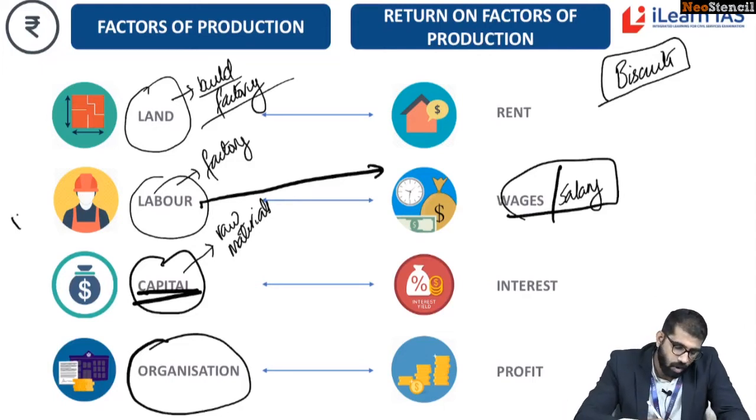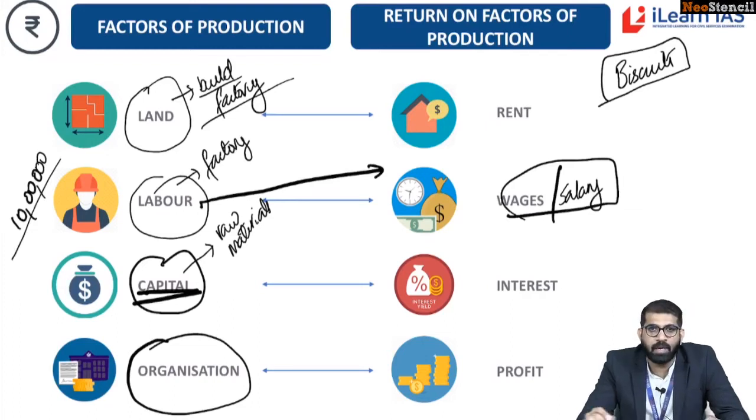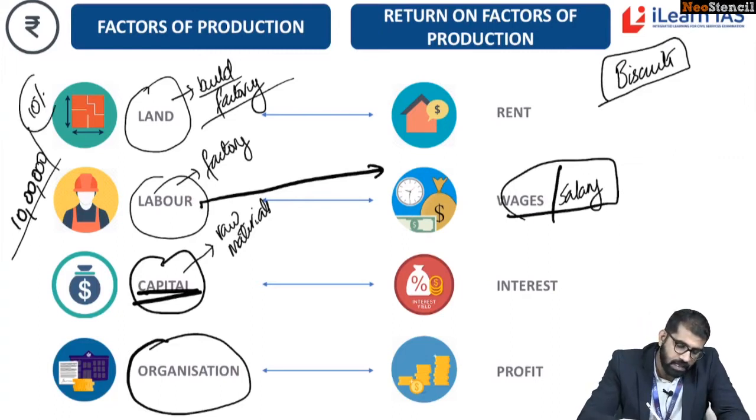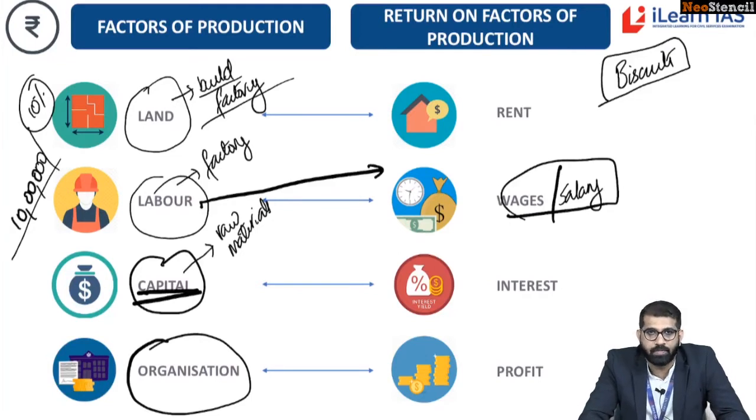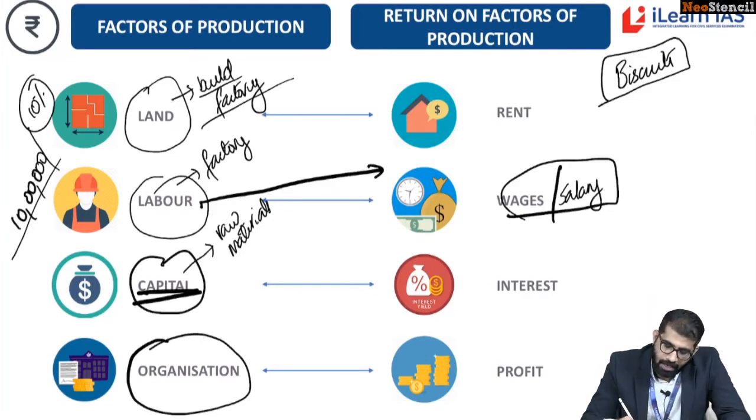So if suppose I have brought in 10 lakh rupees to my company, and if I have an agreement with all my other partners or the management that I will receive 10% interest on my capital, then that means every year I will get 1 lakh rupee as interest.